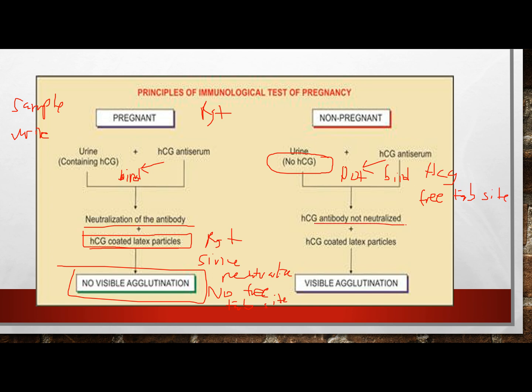The antibody is not neutralized. There is a free Fab site, and when you add the HCG-coated latex particles, these will now attach to the HCG antibodies, forming visible agglutination, which is again, in this case, a negative result. So I hope that was clear.